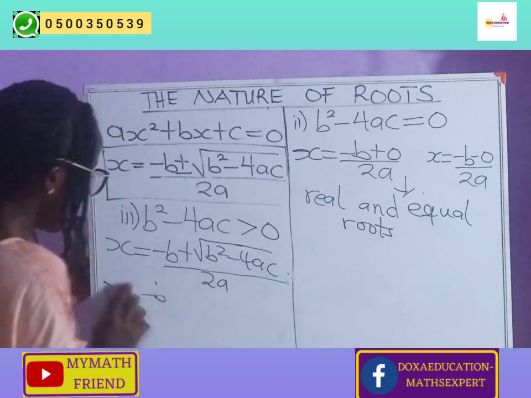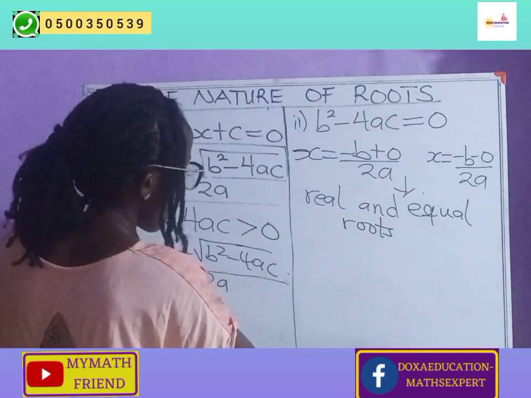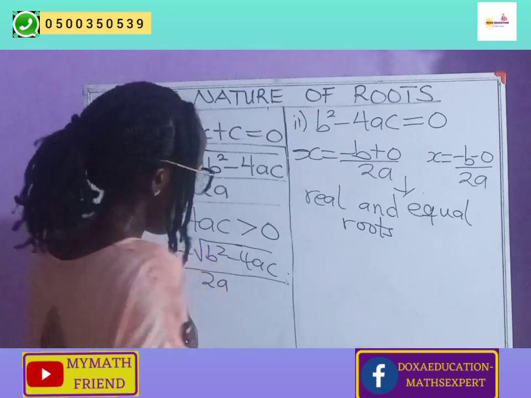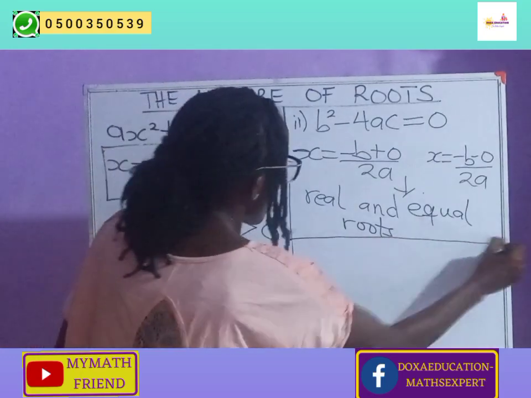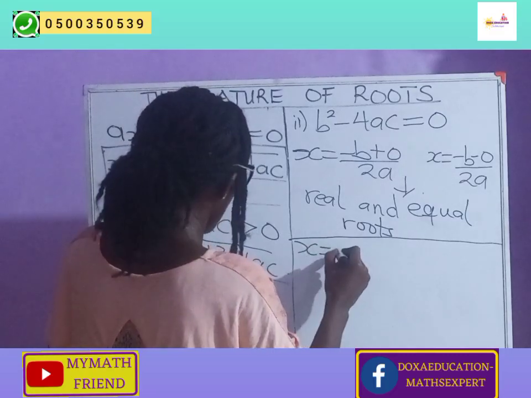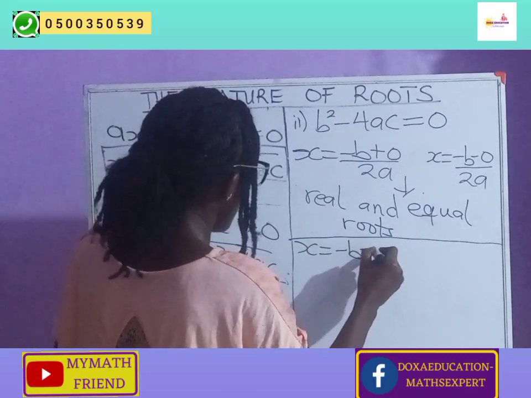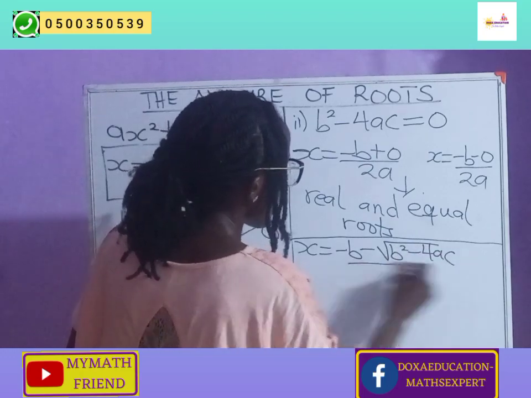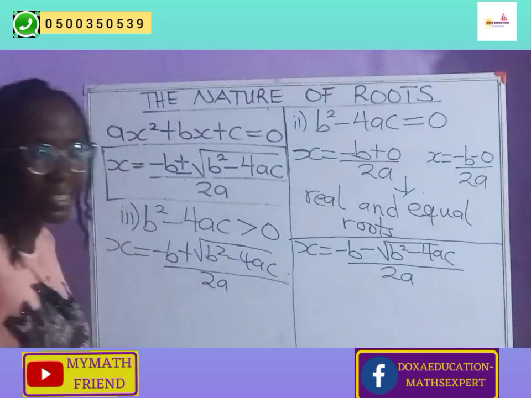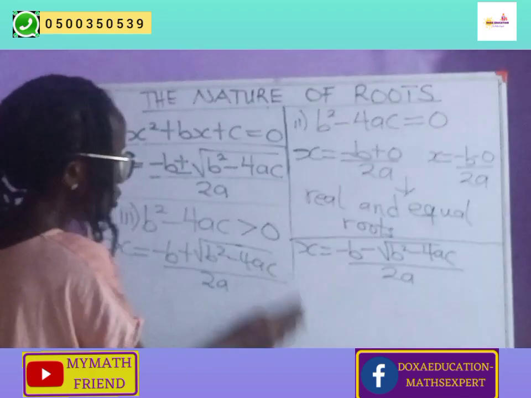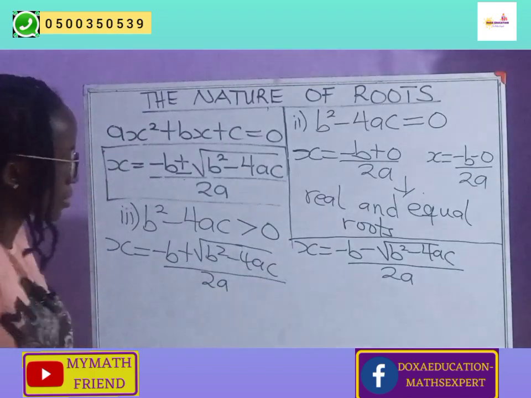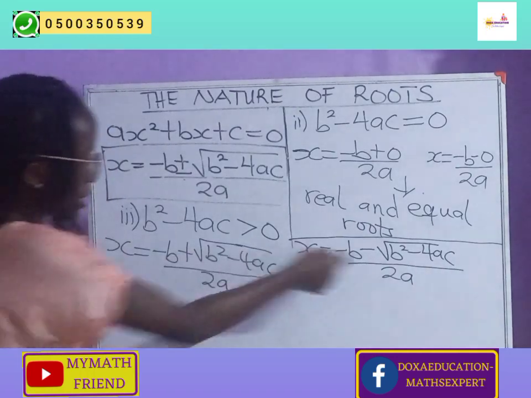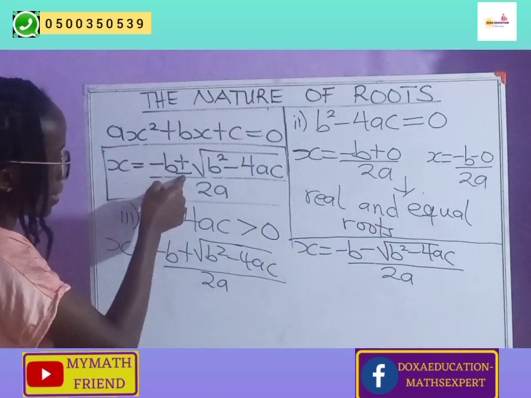Let me write it here. x is equal to minus b, this time minus the square root, this way. You see that? Good. Now watch the two different roots: this one is plus, this one is minus, because you have plus and minus right here.